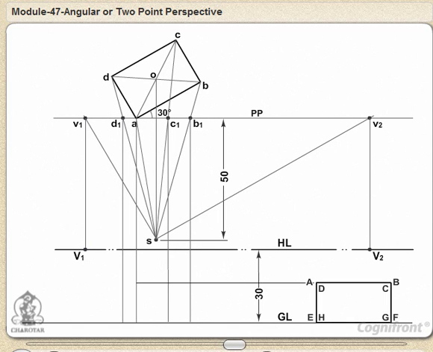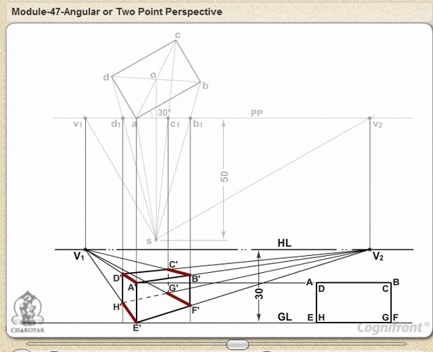Perspectives of edges AD, EH, BC and FG will converge to V1' and those of edges AB, CD, EF and GH will converge to V2'. Perspectives of vertical edges AE, BF, CG and DH will remain vertical.